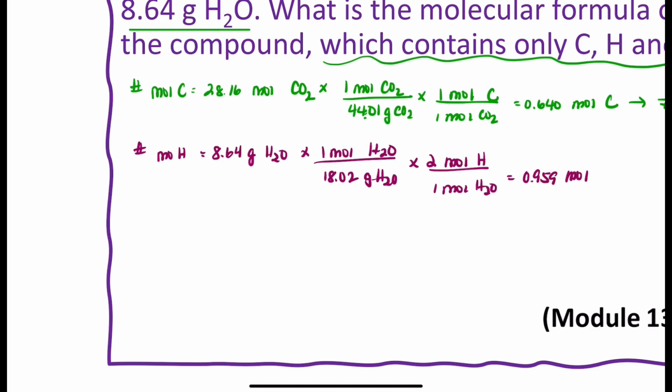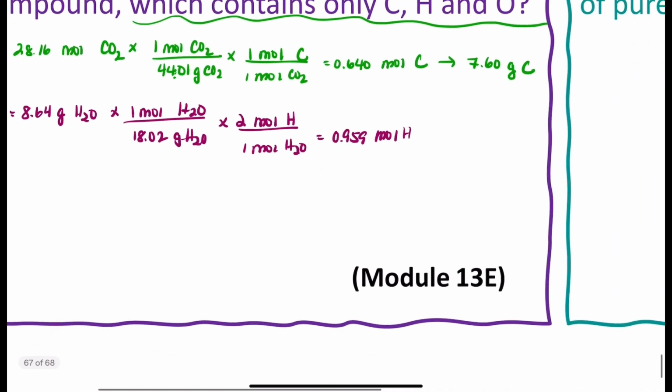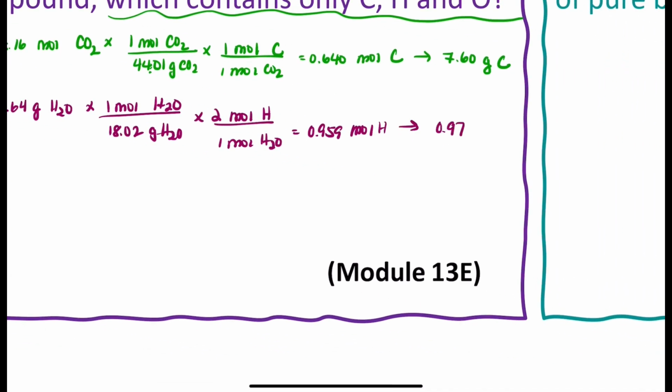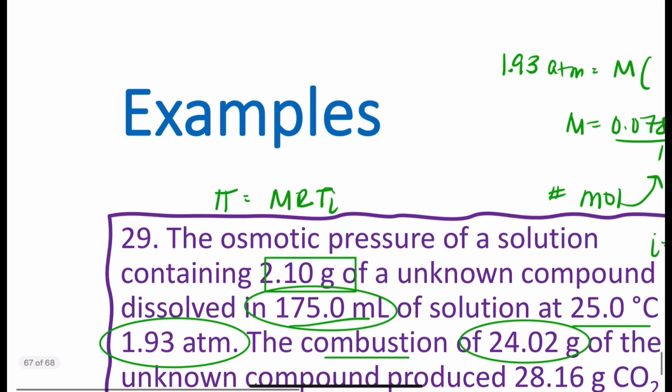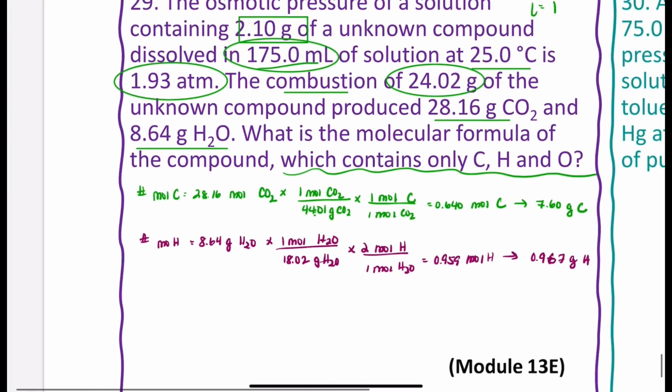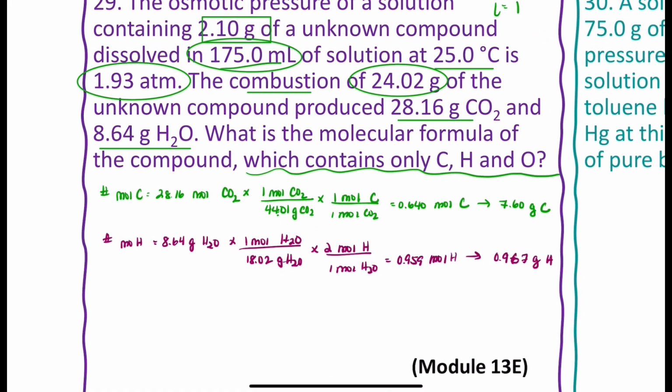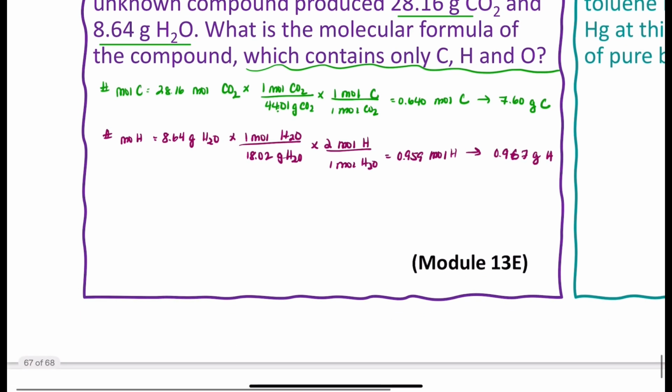That gives 0.959 moles of H, which is 0.967 grams of hydrogen. But I can use that to find the grams of oxygen because I know conservation of mass, so my grams of oxygen have to be equal to the difference.